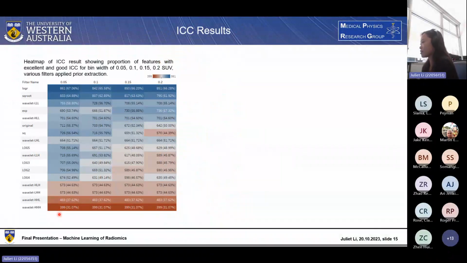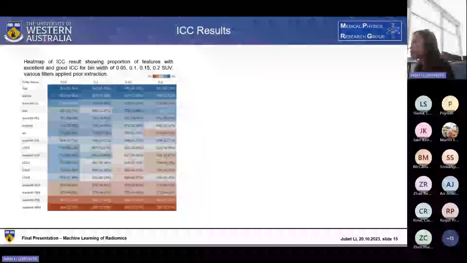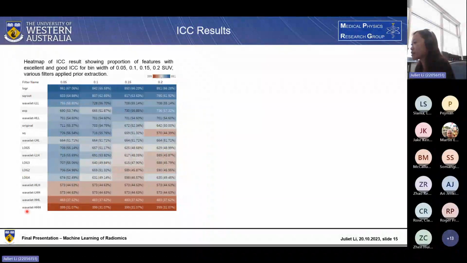Here are some visualizations of the key points that we just mentioned. The first graph is a heat map showing the proportions of features with good stability for different bin width settings and different image filtering settings.